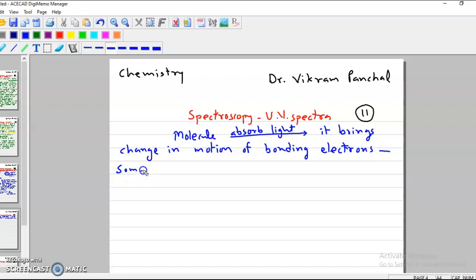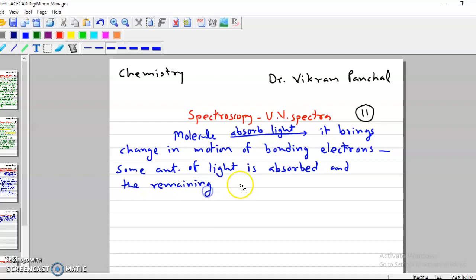Some amount of light is absorbed for that, and the remaining is emitted.